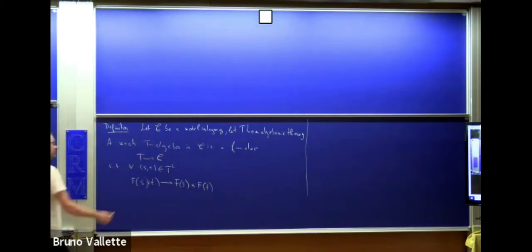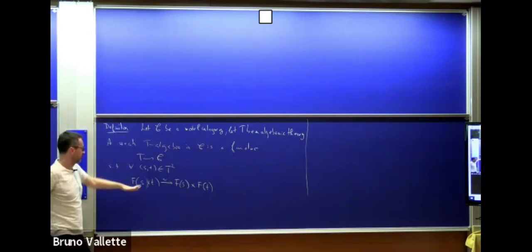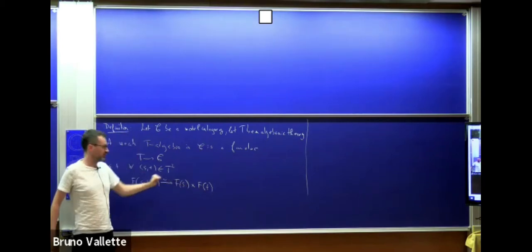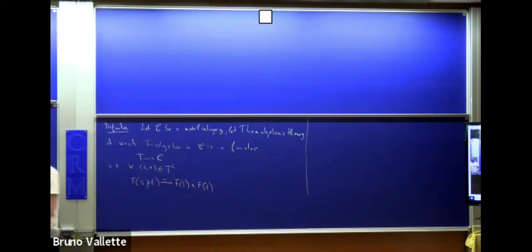And you require that this map is a weak equivalence. For a strong T algebra, a T algebra in the previous sense, you would require that this map is an isomorphism. In that case, you just require that it's an equivalence.